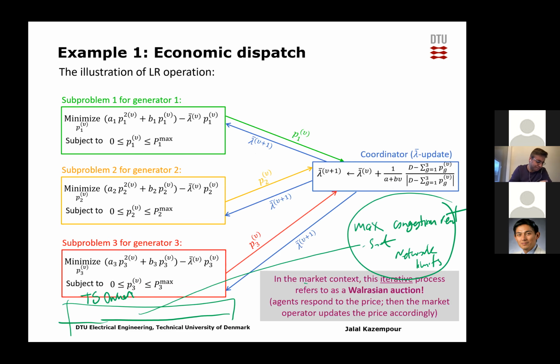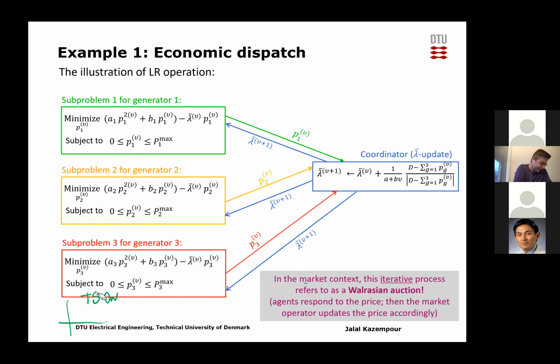So in the last version of the course, I asked my students to try to solve the market problem with a transmission system using this Walrasian auction. They couldn't get convergence. And I guess if you try the same, it will happen. So we have a mathematical challenge there.